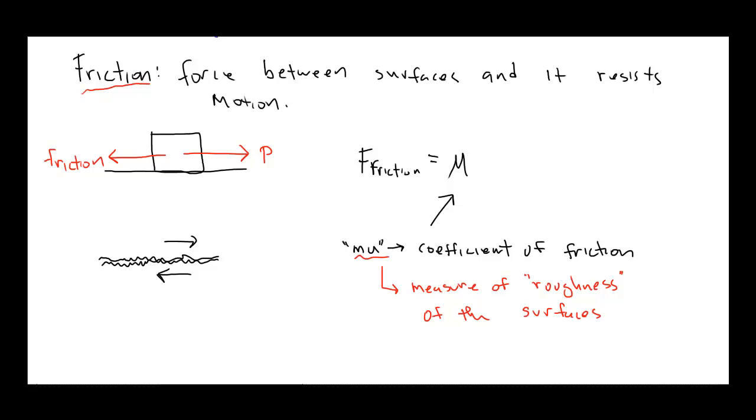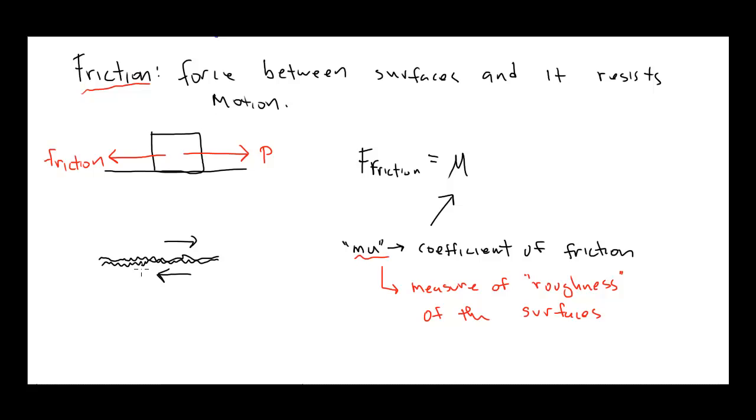All right, well, what else matters? There's another thing that's important, and that's how hard these surfaces are pressed together. If this block is really heavy, you can imagine that the force between the surfaces is very, very big. If it's not heavy, then the force between the surfaces is small. It might be obvious intuitively, but the reason is, let's look at this picture. If these surfaces are being pressed together hard, all these little bumps are going to get caught on one another a lot more.